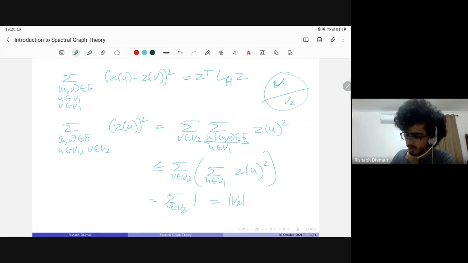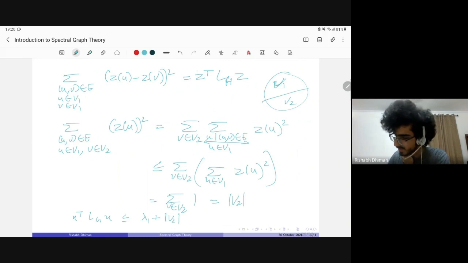So all together, what you got was that y^T L_G y is less than lambda_1 plus V2, plus z^T L_H z.